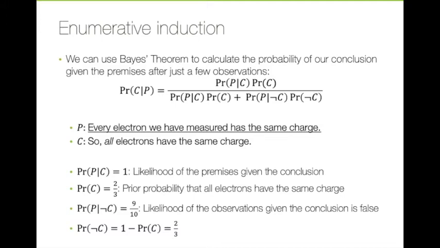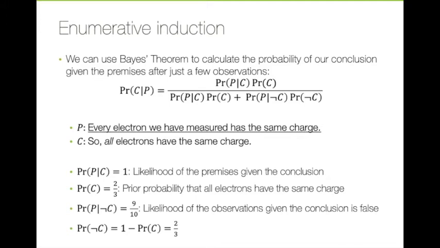Now, when the first measurements were made of the charge of an electron by Robert Millikan in 1908, he already had some hint that electrons were a uniform subatomic particle, that all electrons were basically the same. So let's say that he had an estimation of a little bit more than chance, or half, that all electrons would have the same charge, and let's call it 2/3.